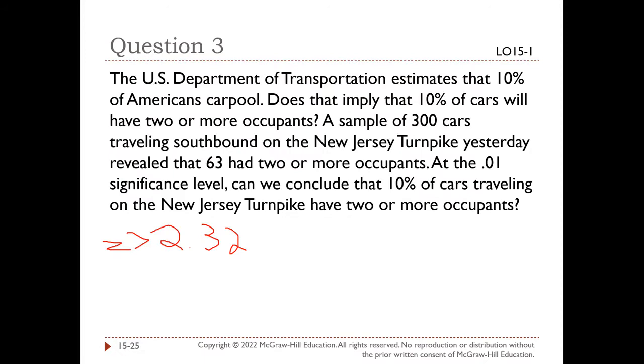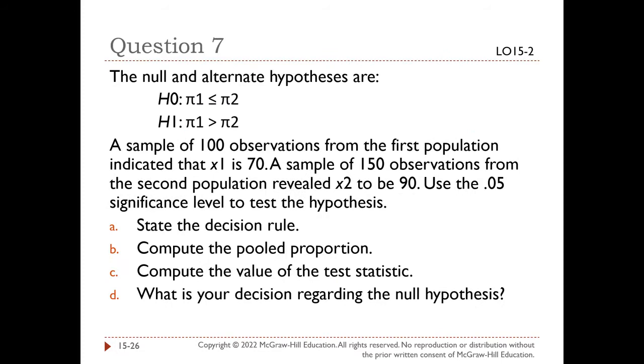Okay, next question. Question 7 says the null and alternative hypotheses are, okay, we've got pi 1 and pi 2, so we're going to compare the two. A sample of 100 observations from the first population indicates that x1 is 70. A sample of 150 observations from the second population reveals x2 to be 90.